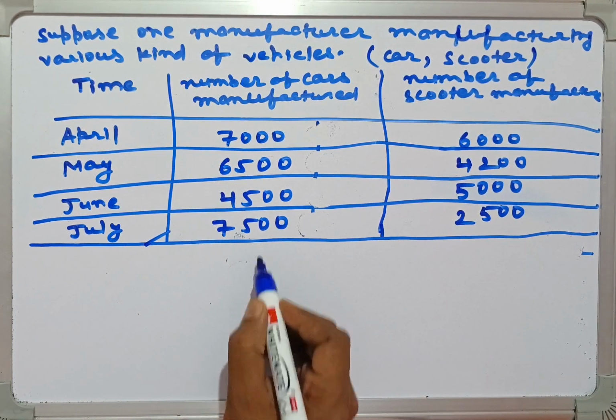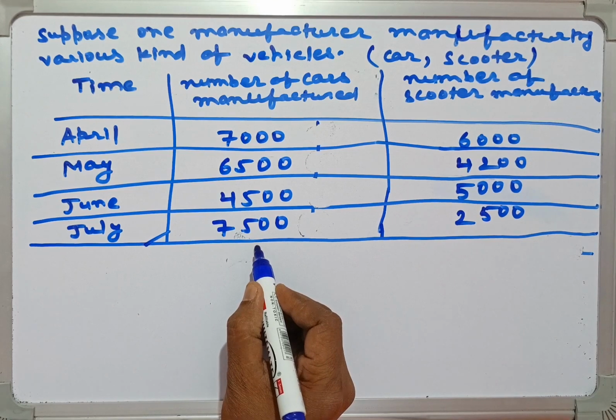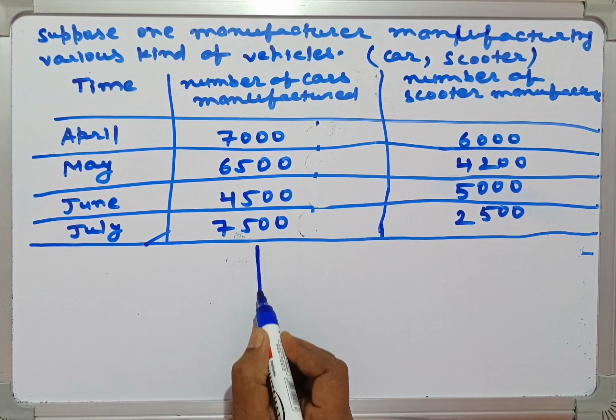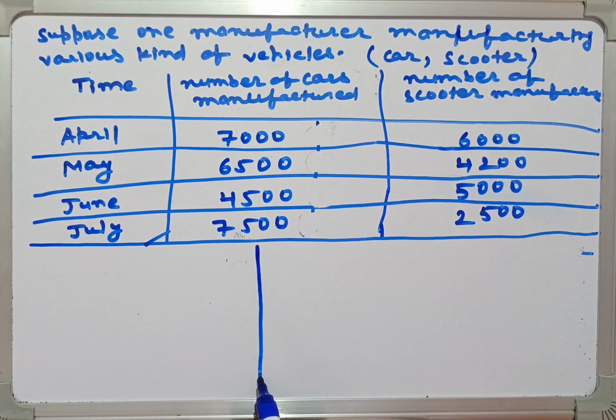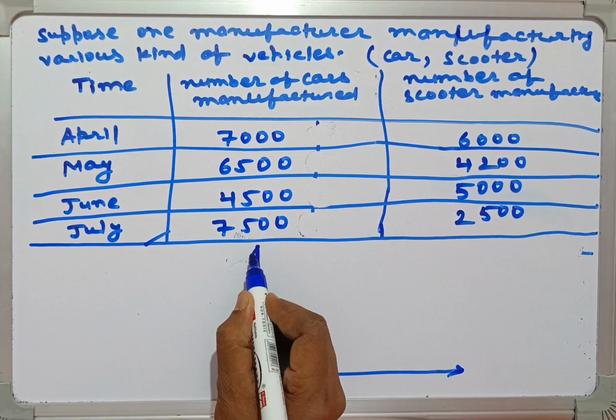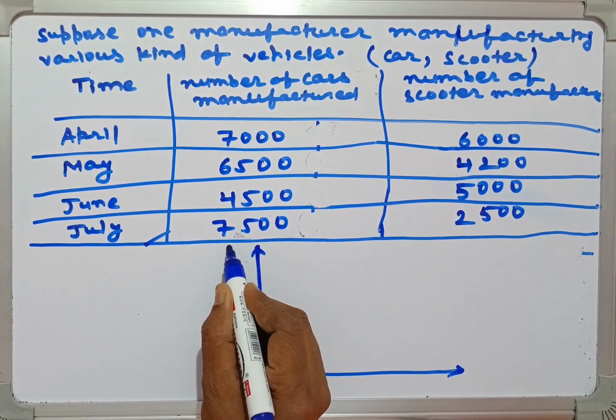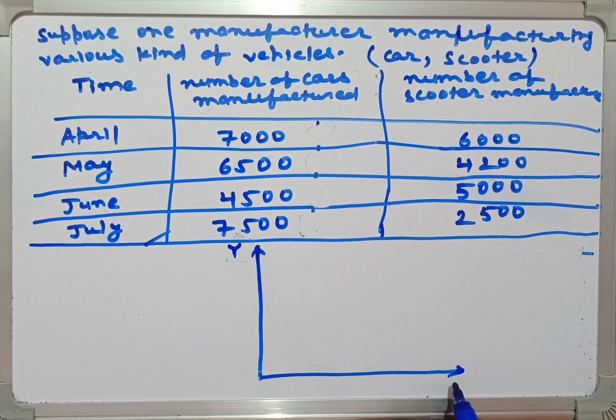See here, first of all we draw one vertical line. Okay, then another horizontal line. Okay, this vertical line is y-axis, this horizontal line is x-axis, then this point is 0.